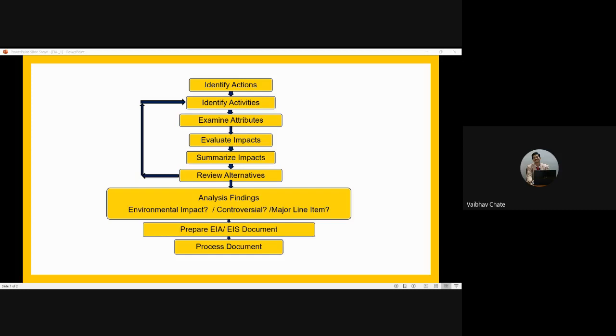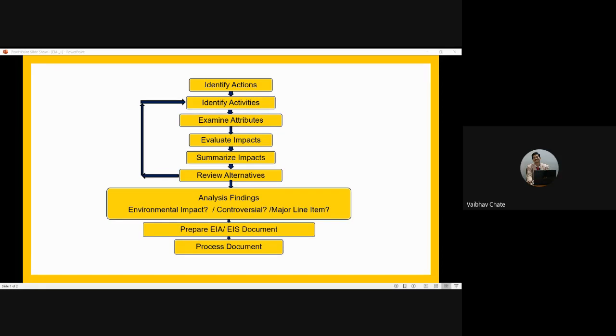What is EIA? EIA consists of the documentation of environmental analysis, which includes identification of impacts, interpretation of impacts, prediction of impacts, evaluation of impacts, and remedial measures for the project that is being considered.